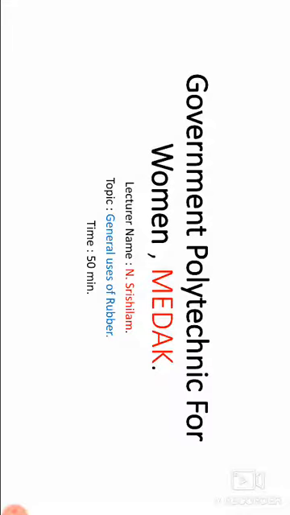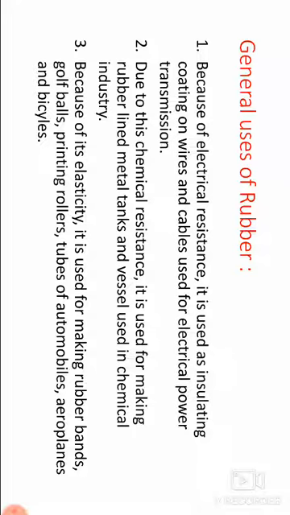Then next, general uses of rubber. Number one, because of electrical resistance, it is used as insulating coating on wires and cables used for electrical power transmission.